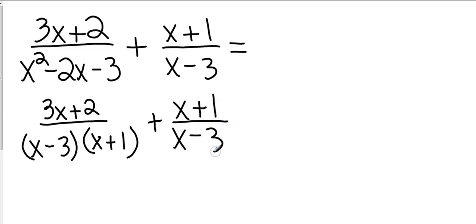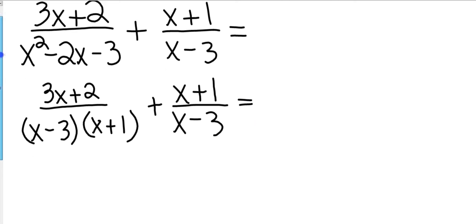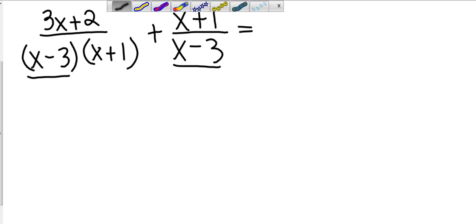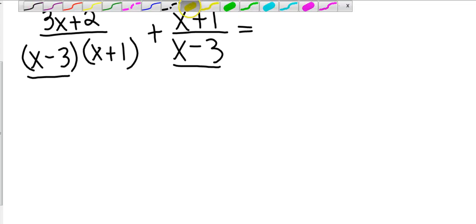Now, here's where it takes a step above. They both have an x minus 3, so that is a common denominator. But this one has an x plus 1, but the right one does not.